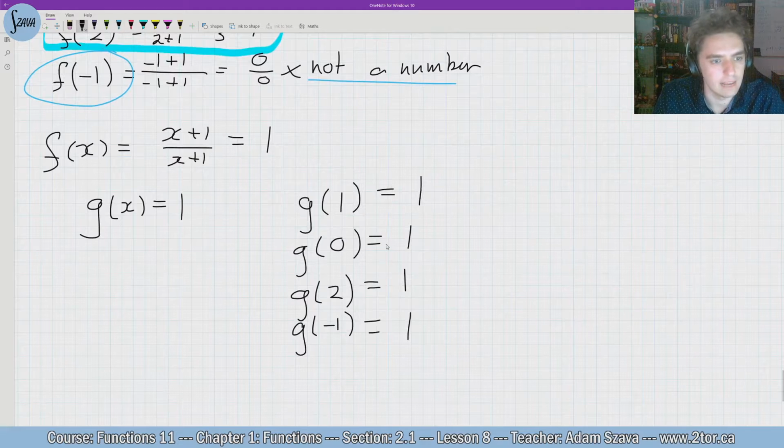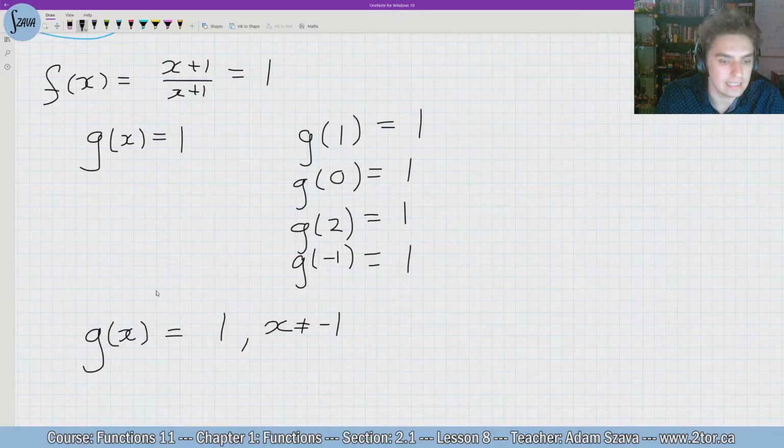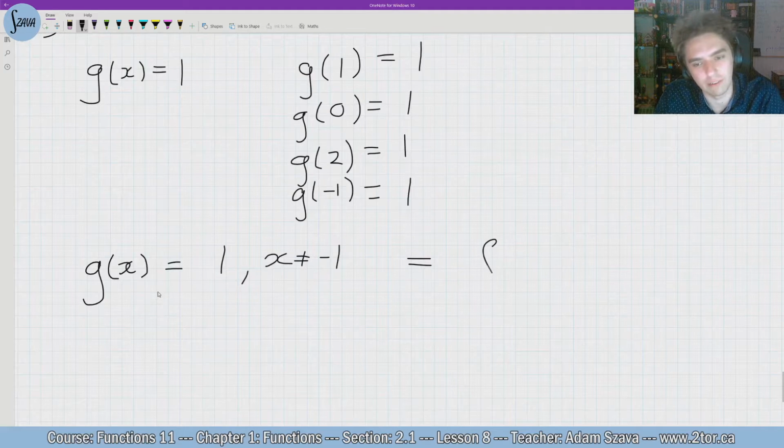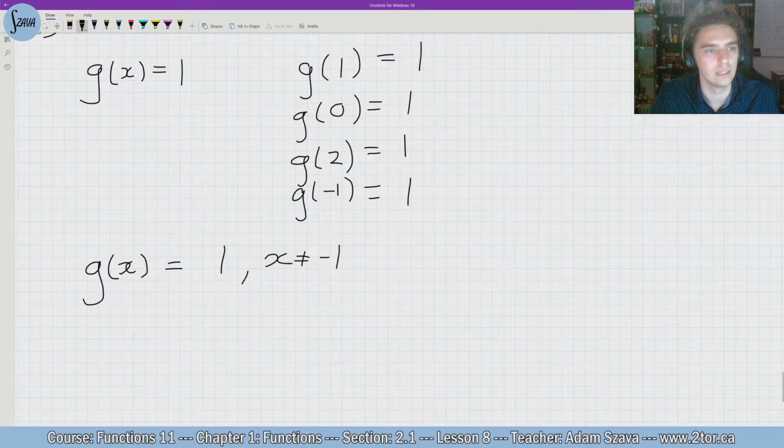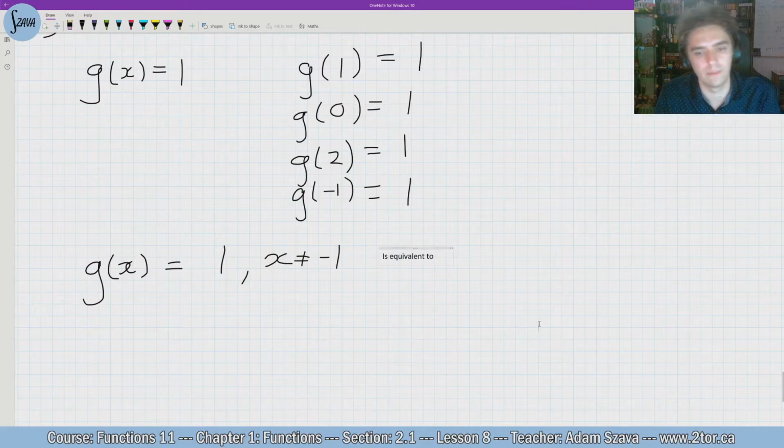But if I write g of x as 1 with a little side note, it's 1, but x cannot equal negative 1, then this is equivalent to f of x. I'll say is equivalent to f of x.